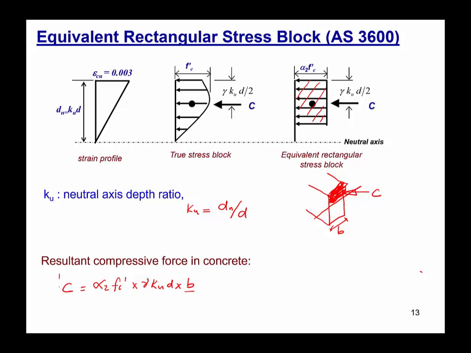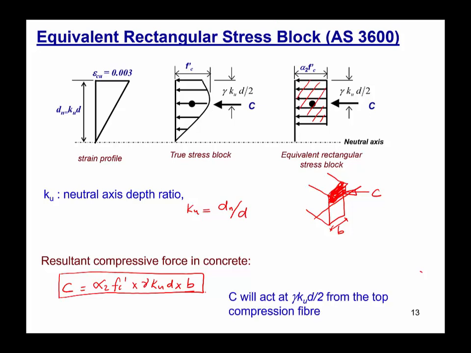The total compressive force acting in the concrete block can easily be found using this equation. And this compressive force will be acting at gamma Ku d over 2. So the point of application of the compressive force is gamma Ku d over 2.